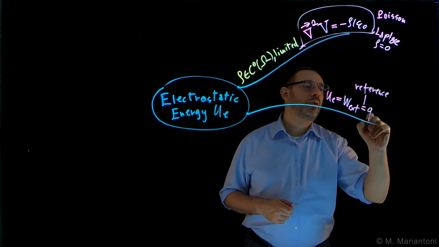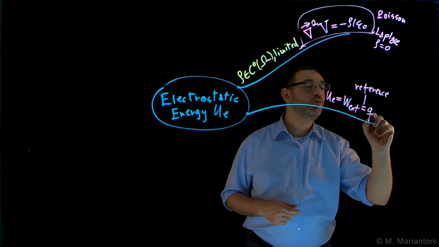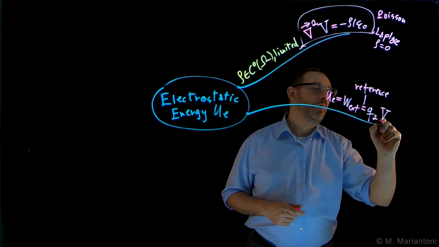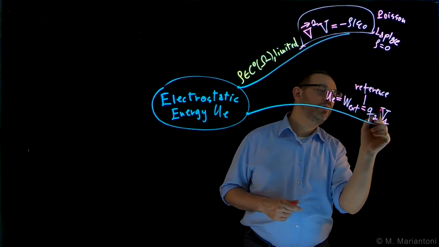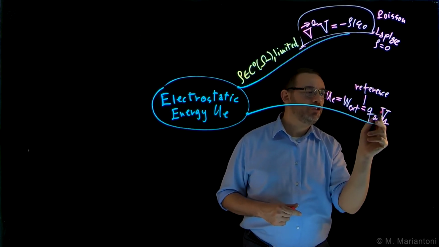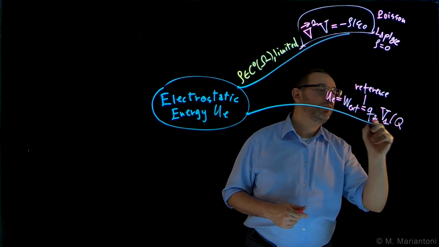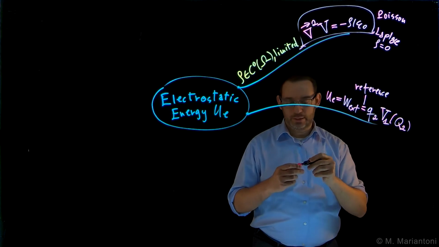This is nothing but the particle which we are attempting to move in space in the field generated by a particle 1. So Q2 is the particle we move in the field, that is the potential generated by particle 1, V1, at the point where the particle Q2 is located.